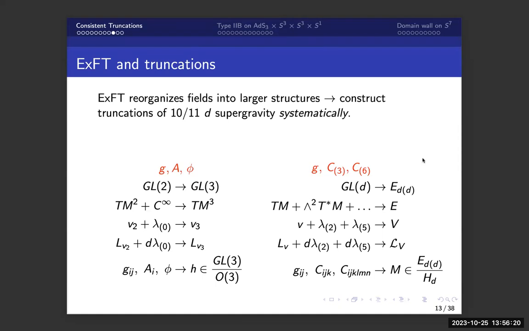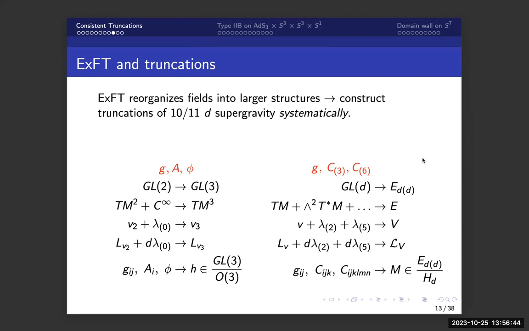On the left-hand side, this is the situation with the 2-sphere and the 3-sphere. If you look at the internal directions, these started from being things in D+2, so they were GL2 objects, and they become GL3 objects. Similarly, their infinitesimal gauge transformations get combined into just vector fields in 3 dimensions that parameterize diffeomorphisms in three dimensions.